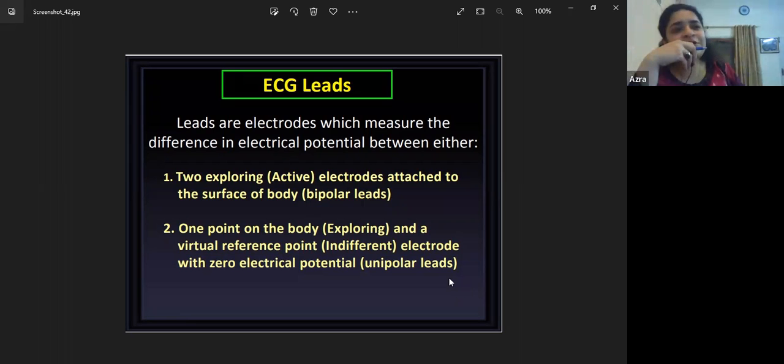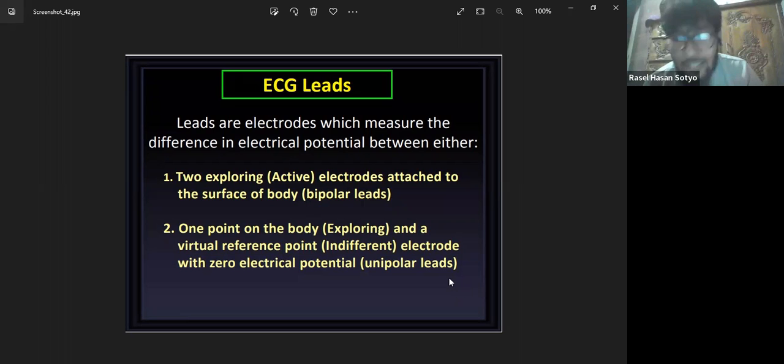So you want to take the 10 electrodes' result on 10 papers? No, ma'am. The 10 electrodes are on the upper limbs and lower limbs, and 6 are precordial leads. Exactly.